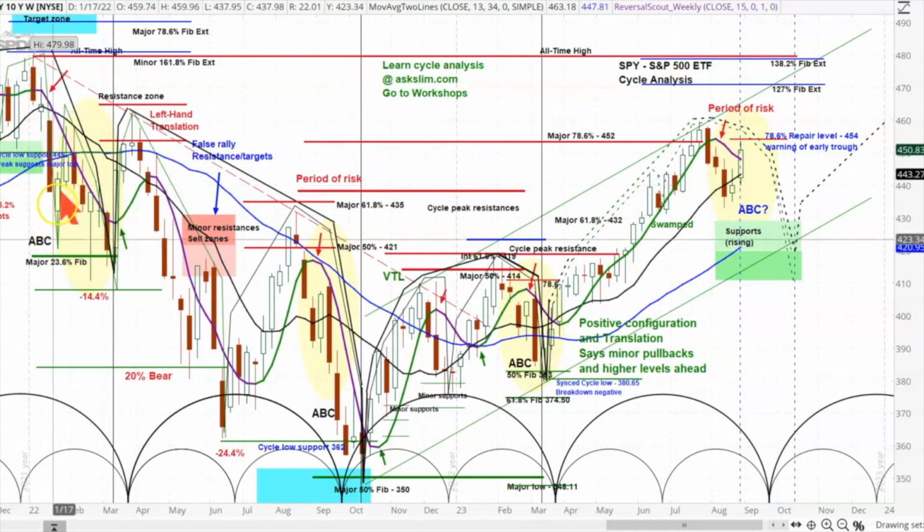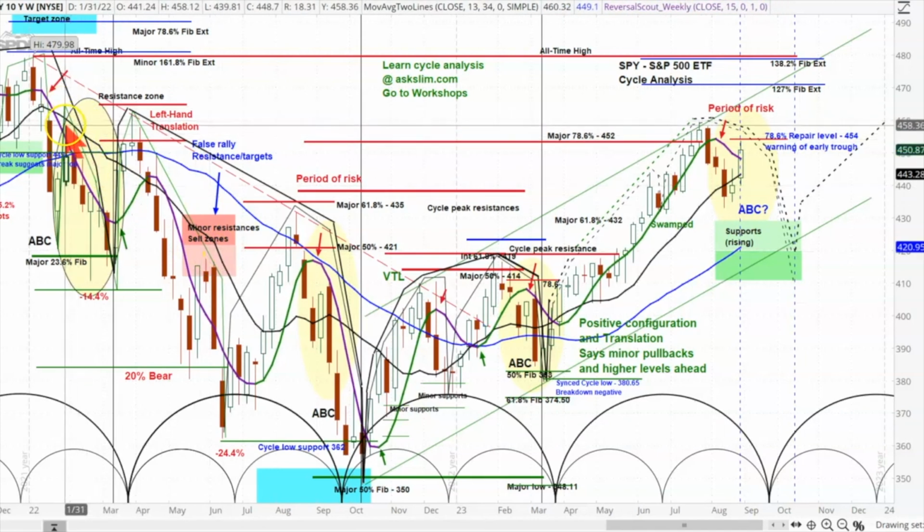So it was an ABC correction, or decline, right over here. The same thing happened right over here in this cycle, in this period of risk, where you had the decline and then the rally back, and then it moved down again in that ABC correction that you see there. Neither of these right over here got up to the 78.